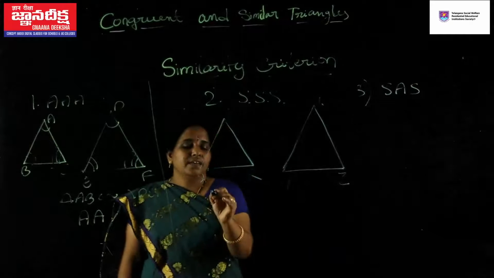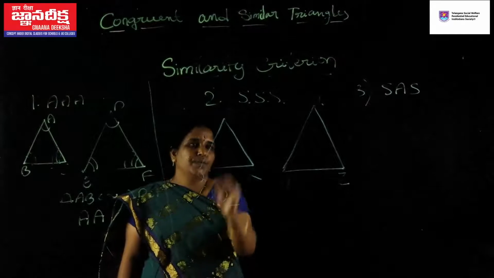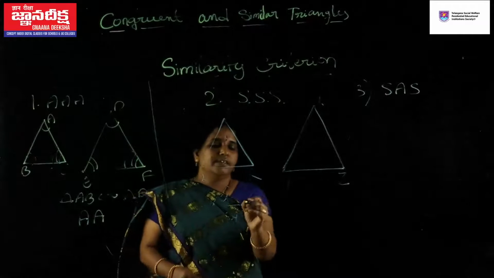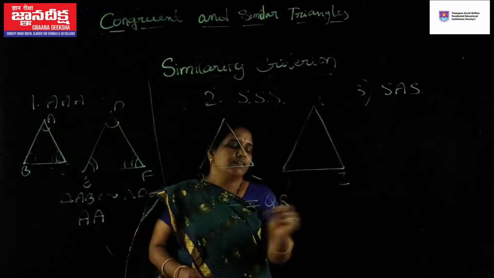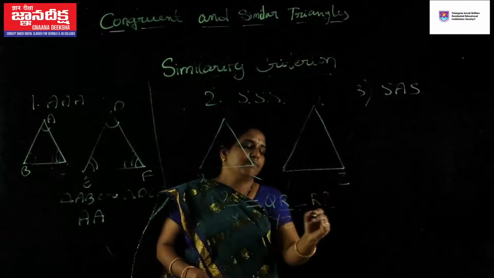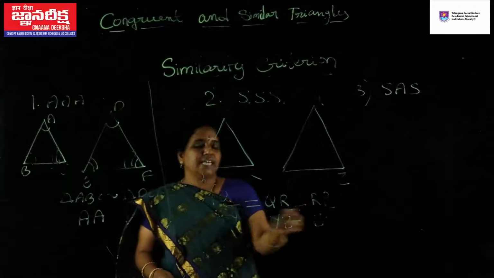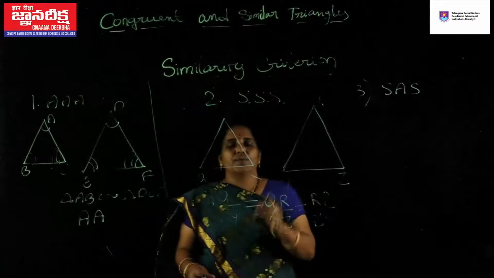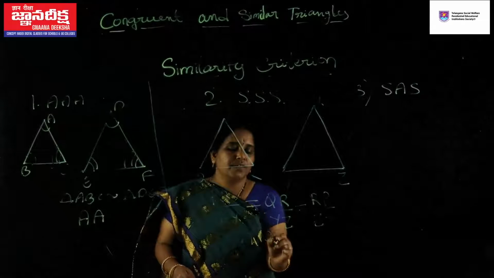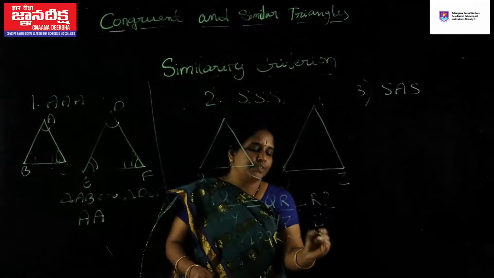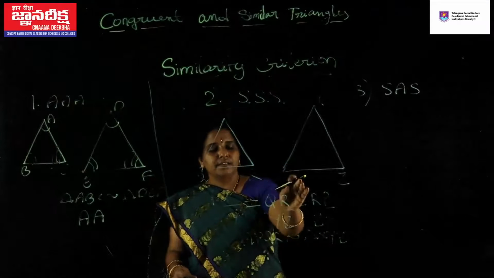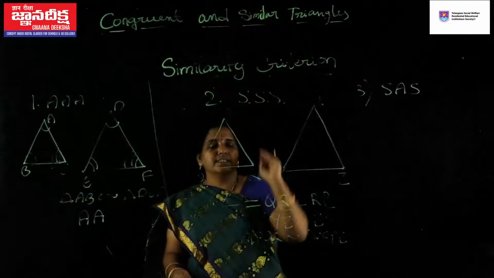Here, if the ratio of the sides PQ by XY is equal to QR by YZ is equal to RP by ZX, so if the three sides are in the same ratio, we can say that the triangles are similar to each other. Triangle PQR is similar to triangle XYZ. These two triangles are similar according to the SSS criterion.